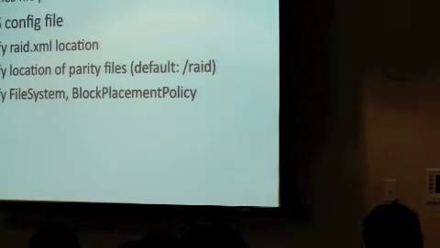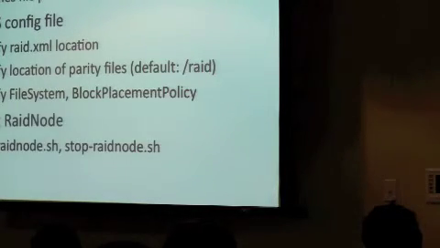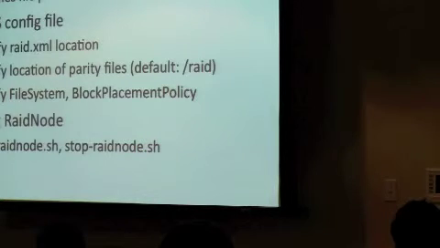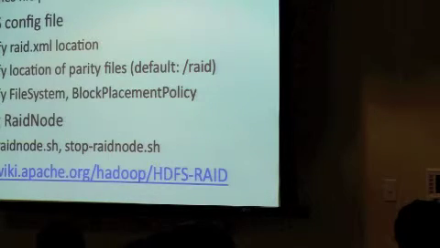And you also need to specify to use the RAID file system and the RAID block placement policy. And then there are scripts to start the RaidNode. An easy way to use this is to just copy and paste it into the start scripts. So when you start the whole cluster, the RaidNode is running. More details are on the wiki.